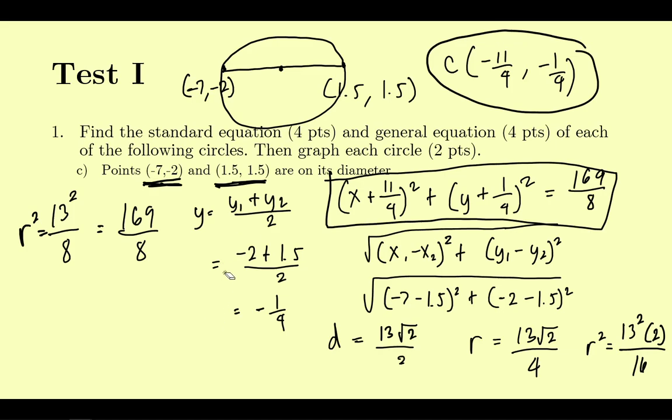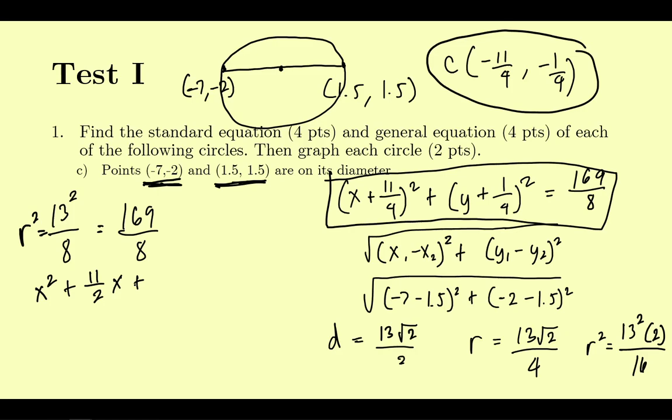Then, to expand and find the general form, x squared plus, doblehin to, it is 11 over 2 x plus 121 over 16.